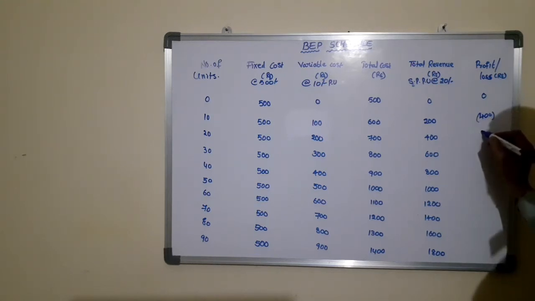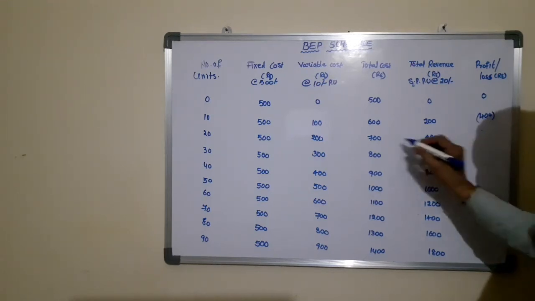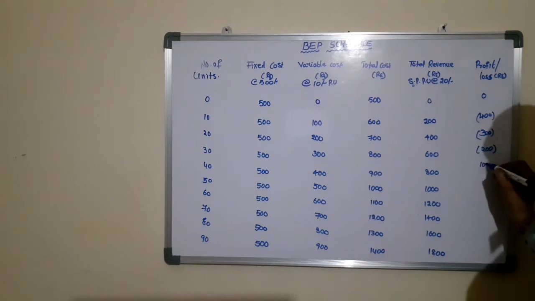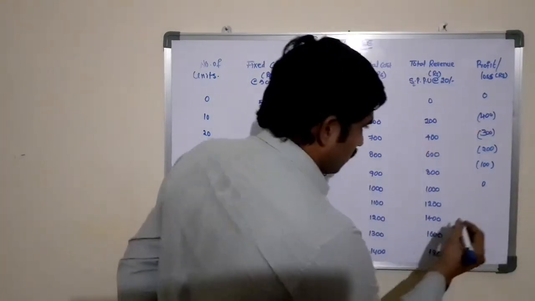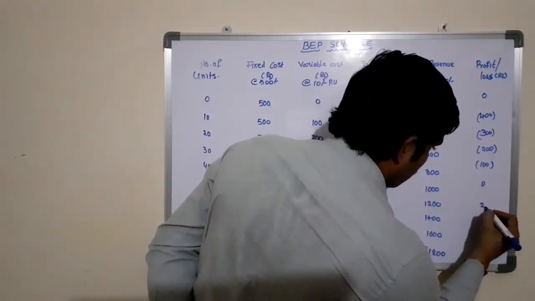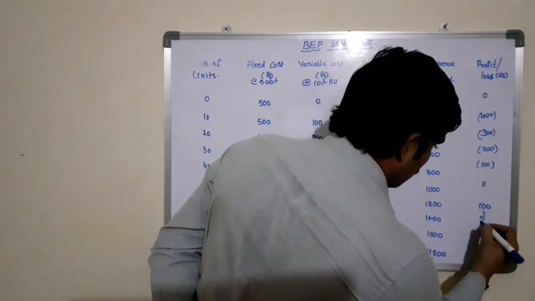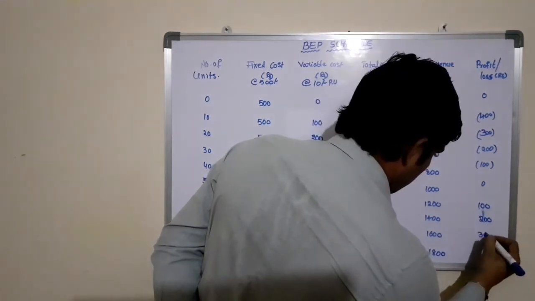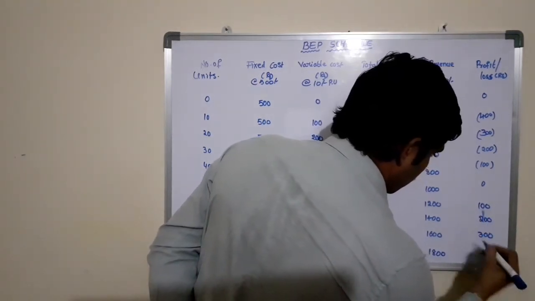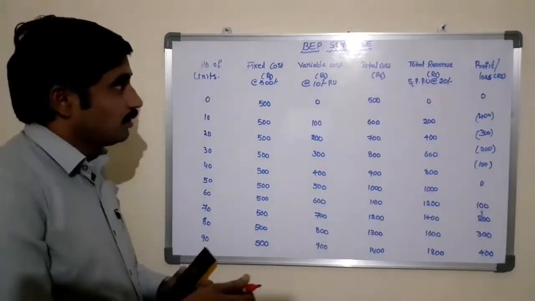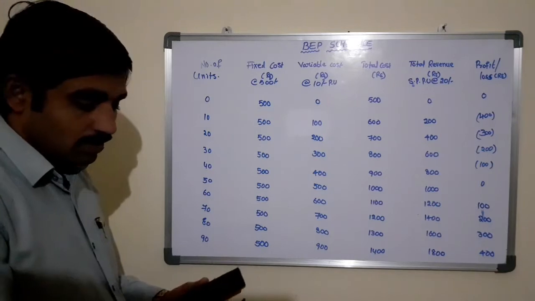Loss is here at 500, 300, 200, 100, 0. The profit is 100, 200, 300 and 400. Right, so this is our break-even point schedule.